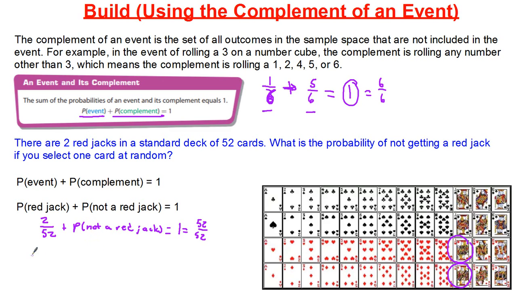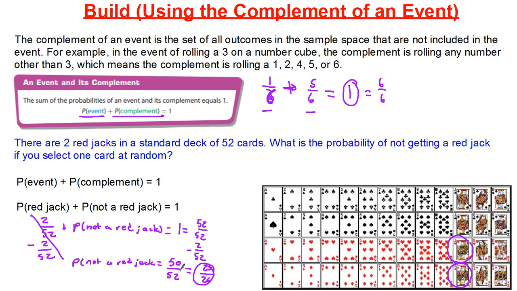In order to figure this out, just do algebra. Subtract 2 over 52 on one side and subtract 2 over 52 on the other side. This cancels out. I'm left with P(not a red jack) equal to 52 minus 2, which is 50 over 52. When we simplify that, it simplifies to 25 over 26.